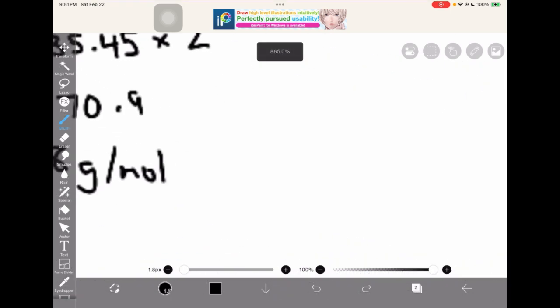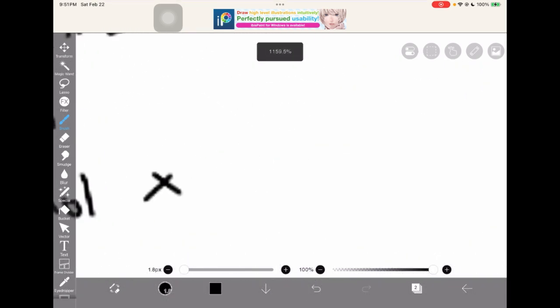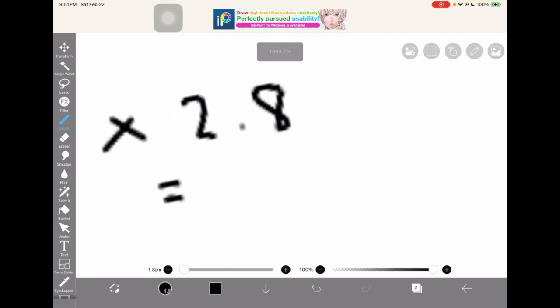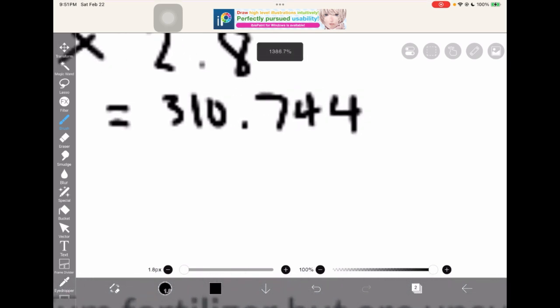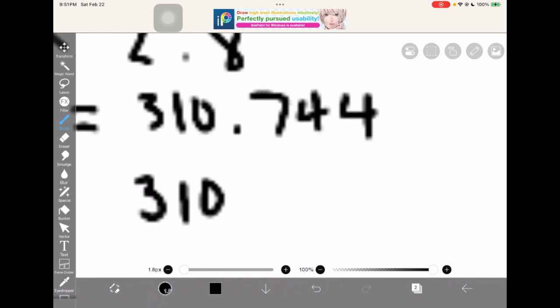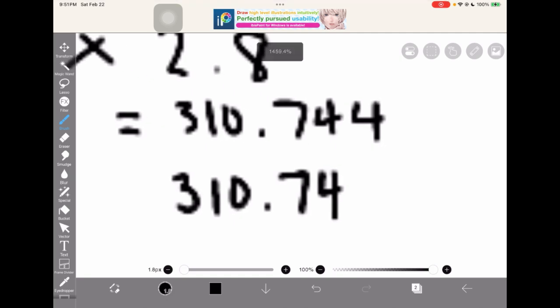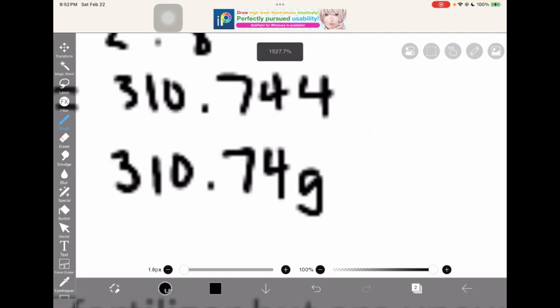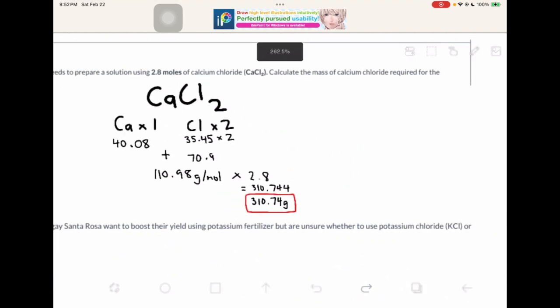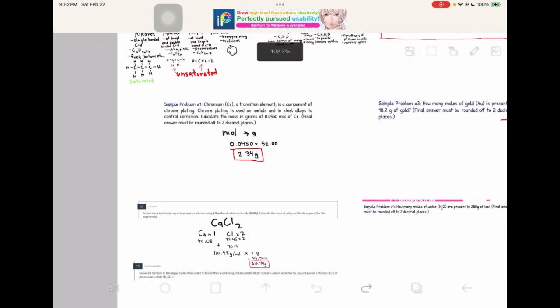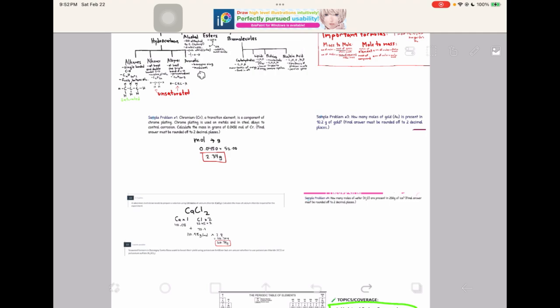So we need to do this times 2.8, which is equal to 310.744, but we only consider up to 2 decimal places, so it's just 310.74 grams. Hope you're getting it so far, because most of the test answers are like this.